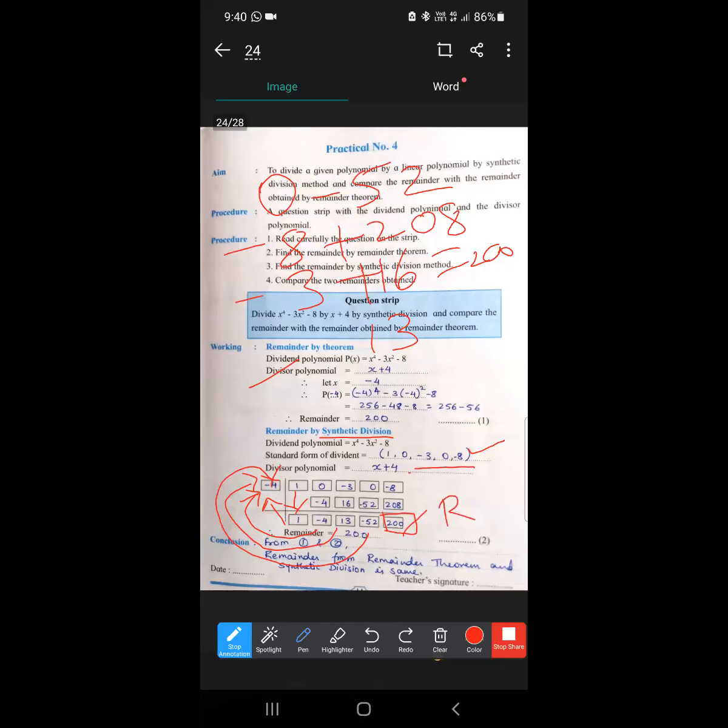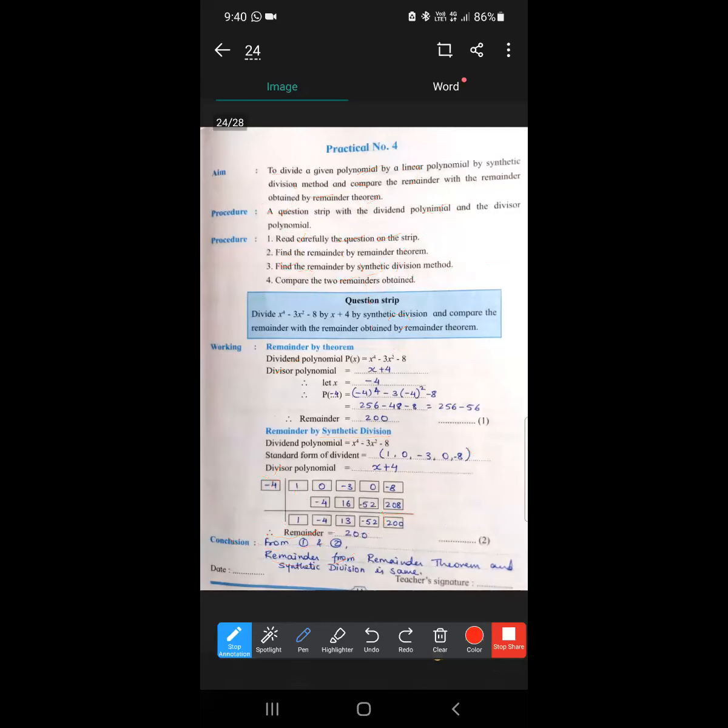Whenever you get that remainder, students, you need to make a box, to identify that whatever is written in the box is a remainder.